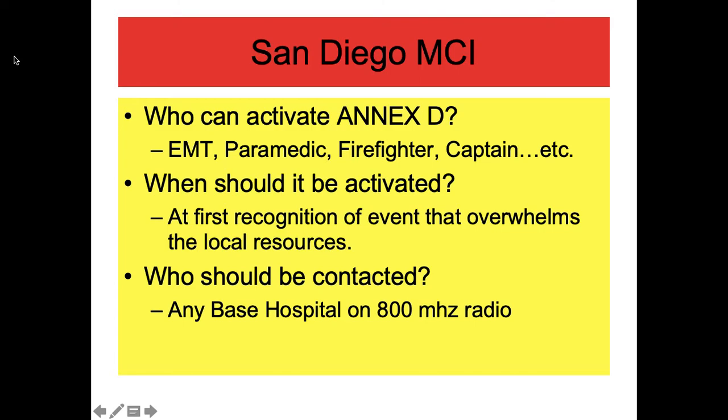I would say if you have an event that's less than 20 people and you and the incident commander think it can be handled with local resources, Annex D might not be really viable, but that's going to be your call. There's no number anywhere that says how many patients makes up an Annex D. It's purely going to be your call, or the captain's call, or the IC's call.